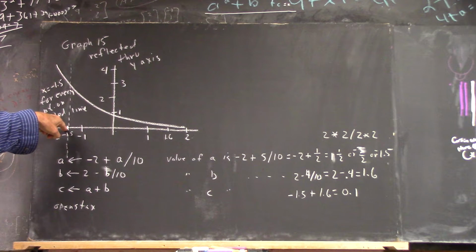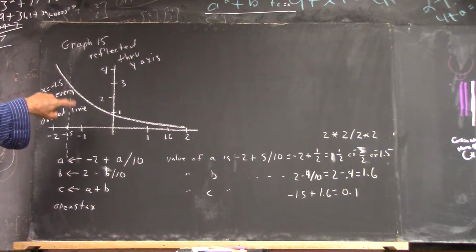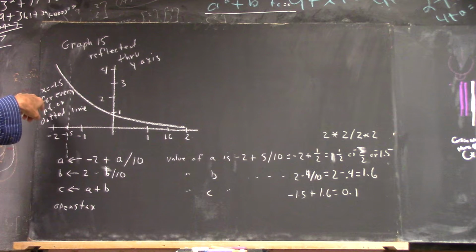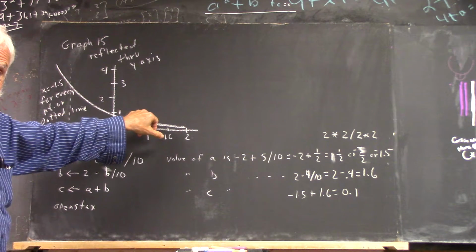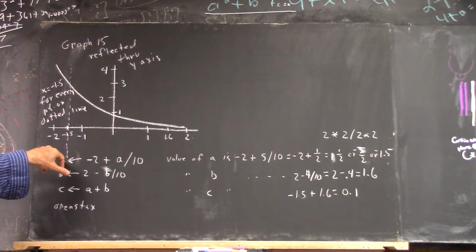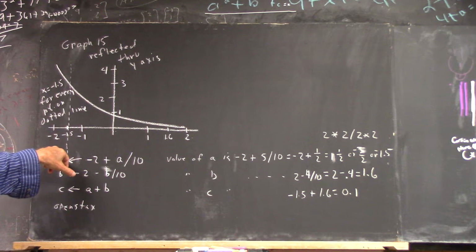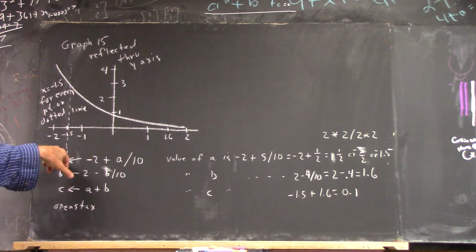What's the y value on the curve? Where's the point on the curve where x equals negative 1.5? My finger is mobile. Tell me, up, down, right, left. I want to get to a point on the curve where x is negative 1.5, right? So it has to be on the curve. It also has to be on this line, because that's the only place an x value of negative 1.5 occurs, right?